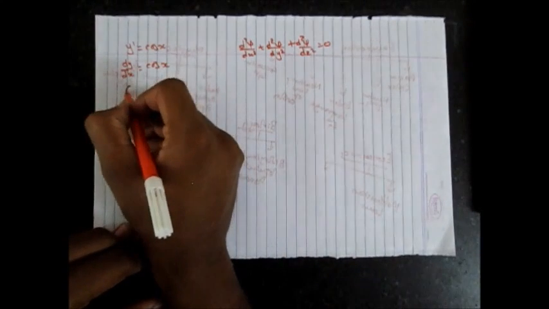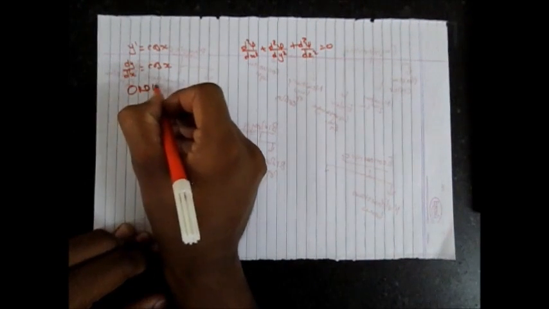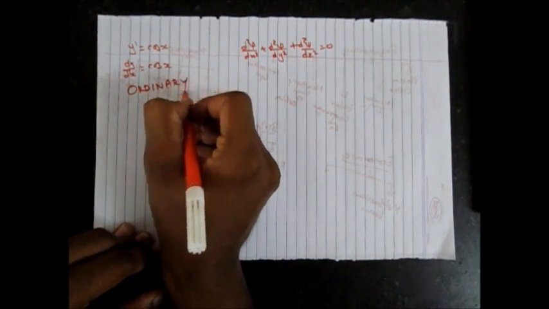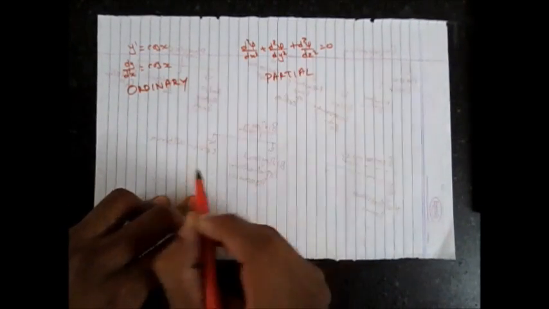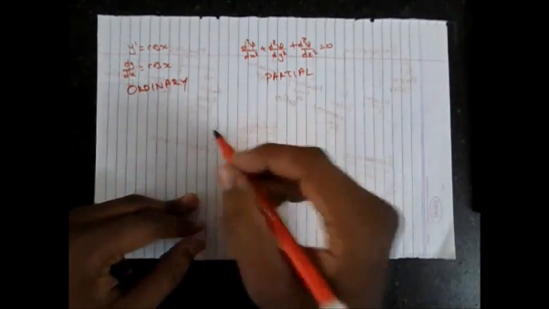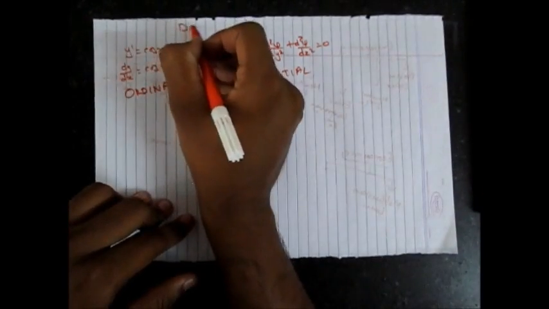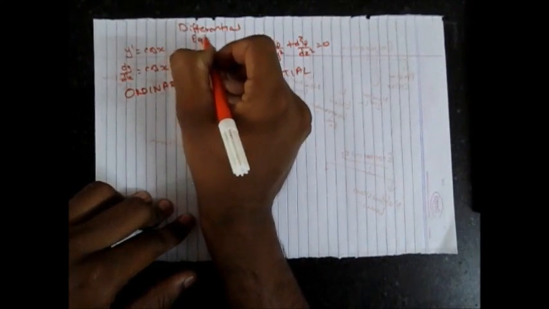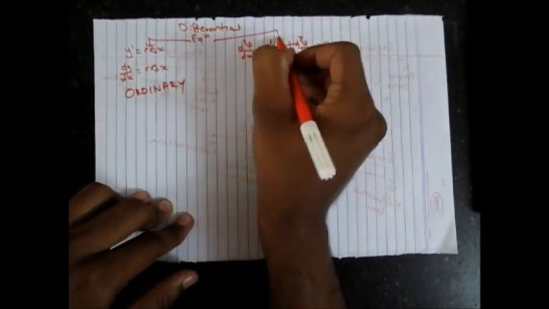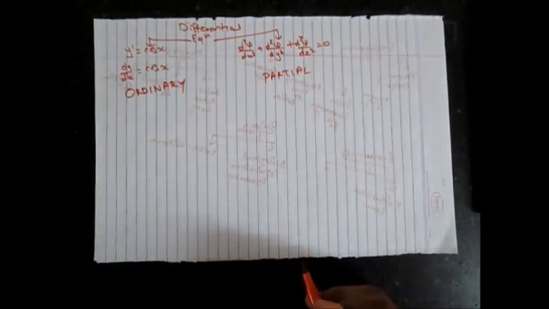So this equation is ordinary, and this is a partial differential equation. We are not going to study partial differential equations in this lecture or in this session right now. We are going to focus only on ordinary differential equations. So you can say that differential equations can be divided into two categories, ordinary and partial differential equations.